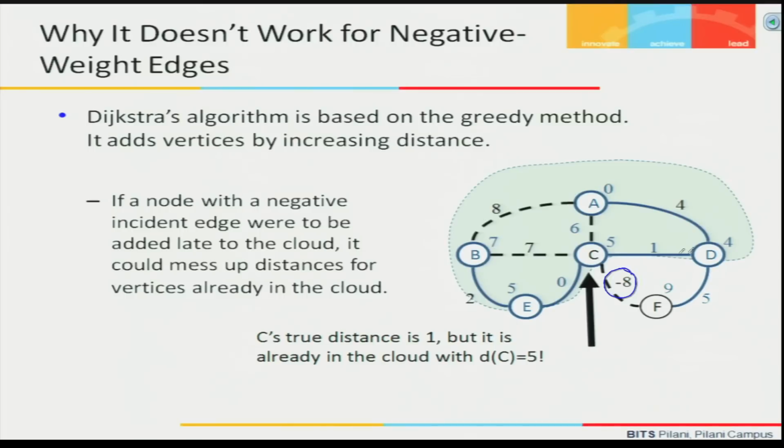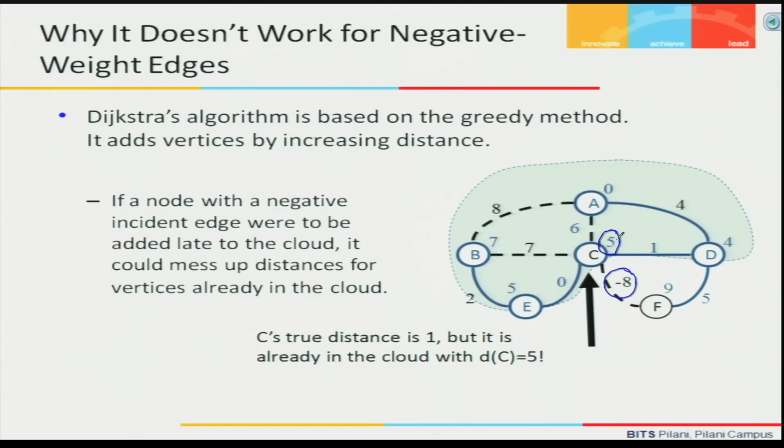The distance up to this particular state is 5. So, the d estimate for C is 5 as D was added to the cloud. As soon as D gets added to the cloud, in Dijkstra's algorithm, the d value of C is going to be 5.